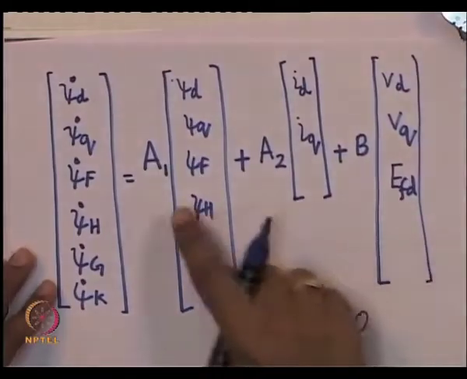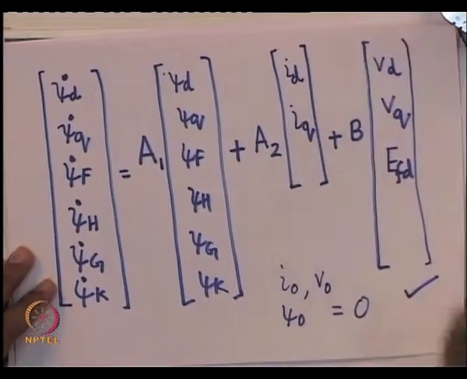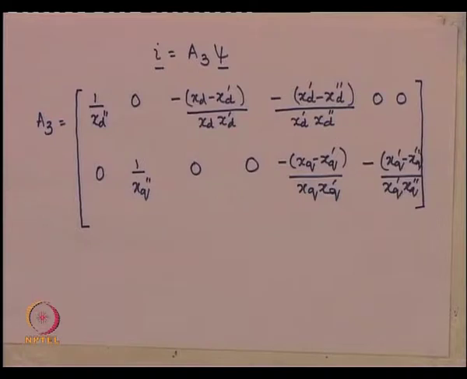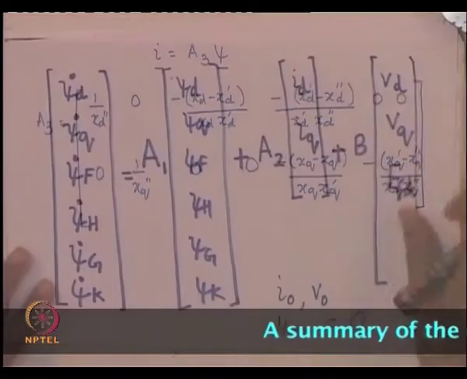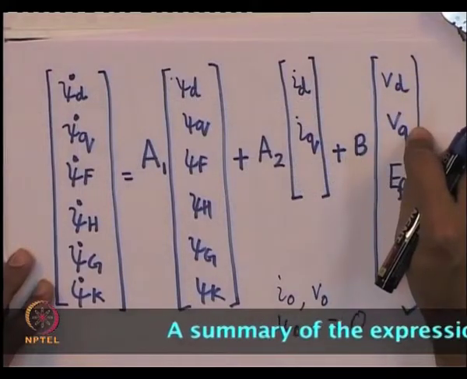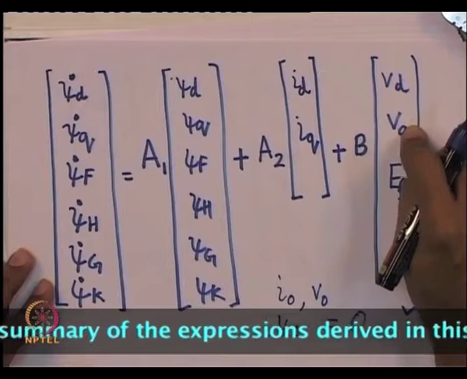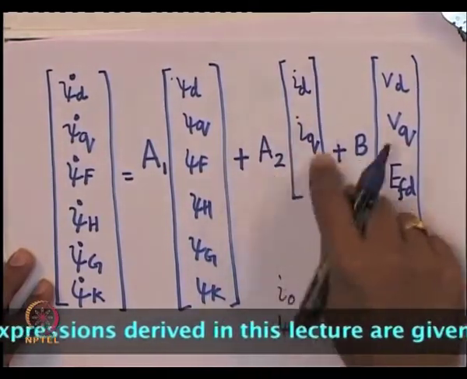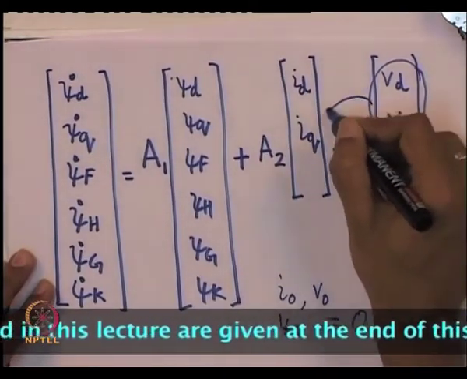We have these relationships, and of course, we also have an additional relationship: Vd and Vq themselves can be written in terms of RL and Id and Iq. So, actually this portion can be subsumed in A2. So, these two variables can be subsumed in A2.